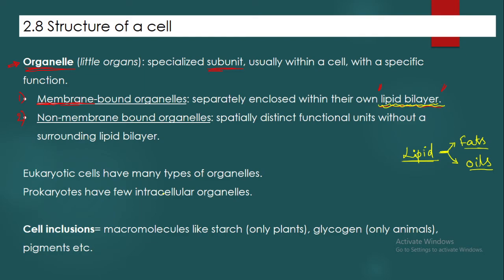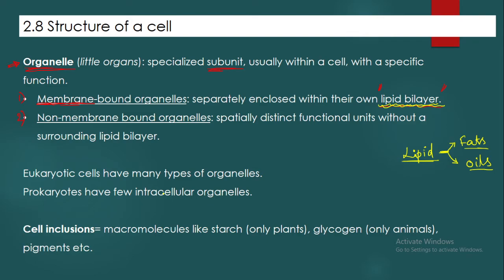I am not talking about winter season, normal room temperature. But fats, for example ghee, dalda, will be solid at room temperature also. Together, these fats and oils come in one group. They are called the lipids.